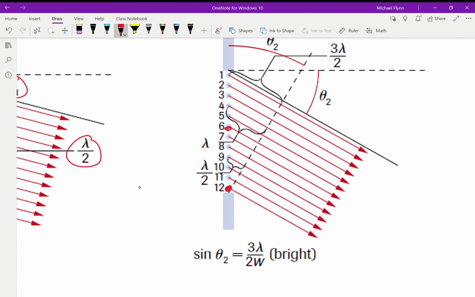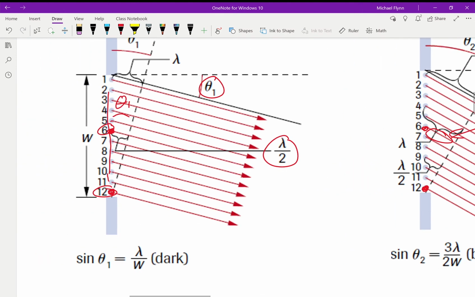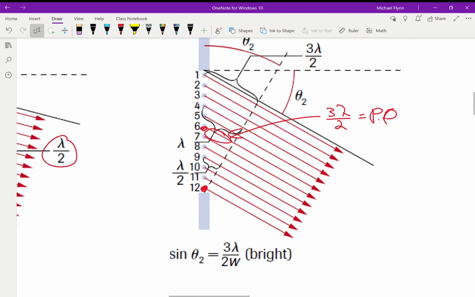So if the path difference turns out to be 3 lambda over 2, then you get that same path difference in pairs all the way up. And in that case, you get constructive interference.